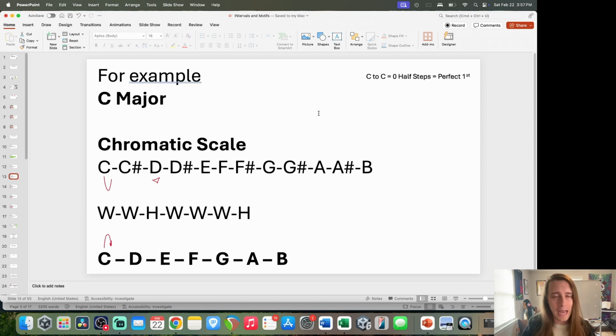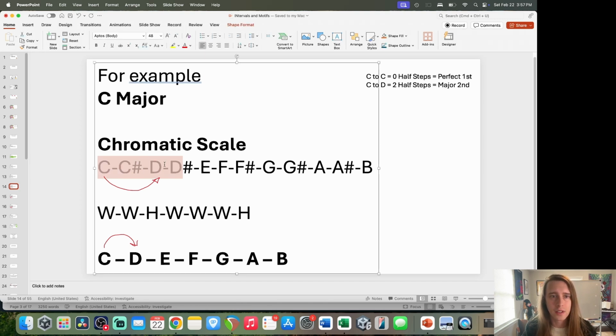So what happens now if we move from C to the same C? Well, if you remember, C to C is 0 half steps. That's a perfect first. If we move from C to D, and then we look at that on the chromatic scale, that's 2 half steps, or a major second.